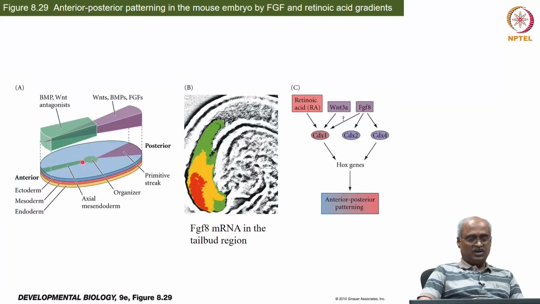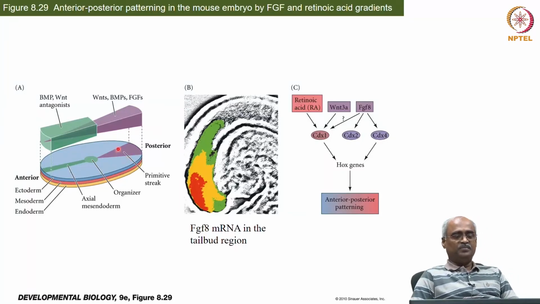And the antagonists form the opposite gradient because they are produced by the organizer and the anterior structures. So you have two gradients, this FGF, BMP, Wnt forming a posterior to anterior gradient, and then their antagonists in the opposite. And so these molecules specify the posterior.